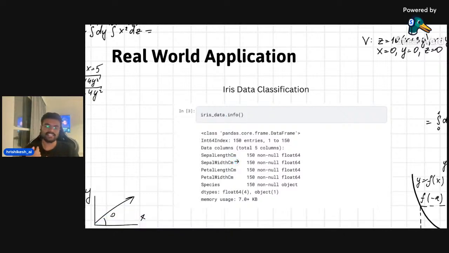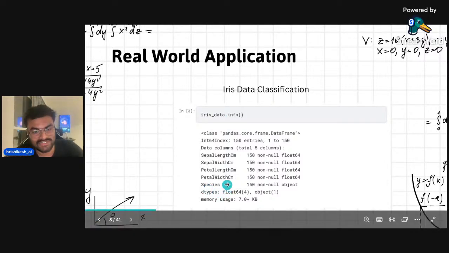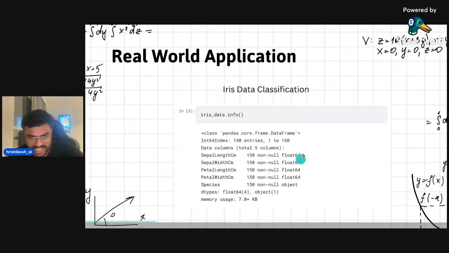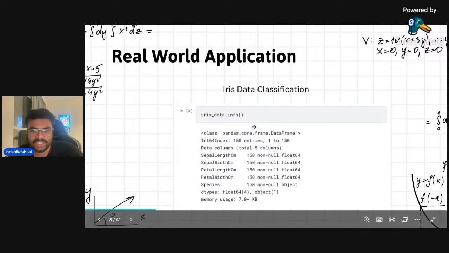If you know, the flower has a sepal and petal. So with the help of length and width, which are actually the features of that flower, we can identify or classify the species. And here you can see the number of rows is 150, and columns are only five. So we will be working with this small one.